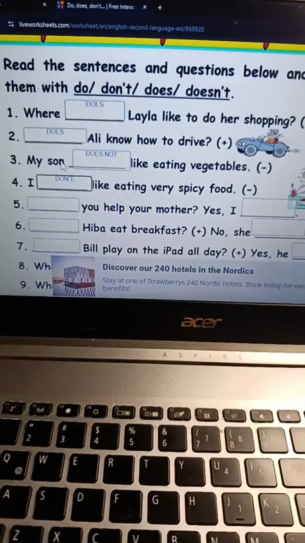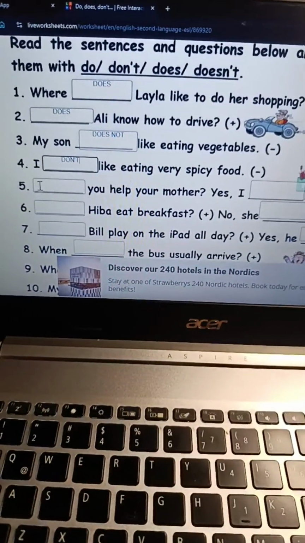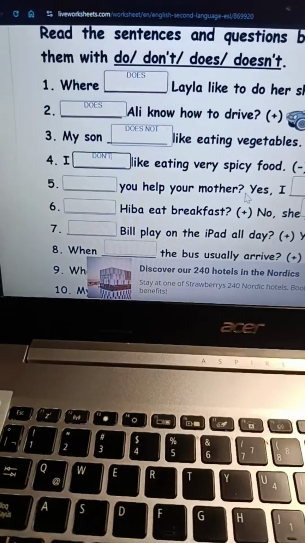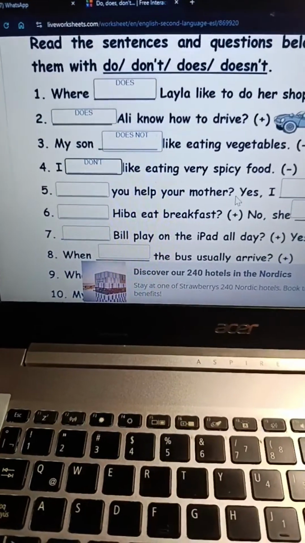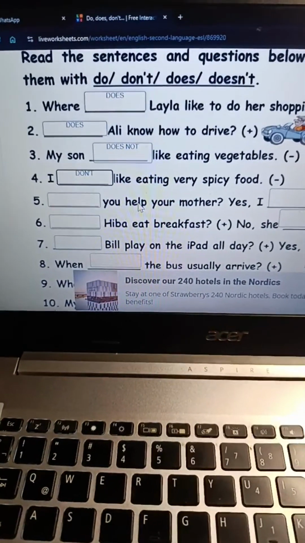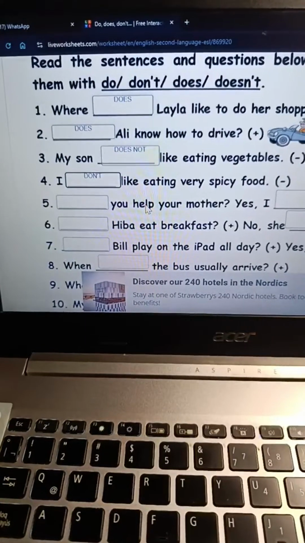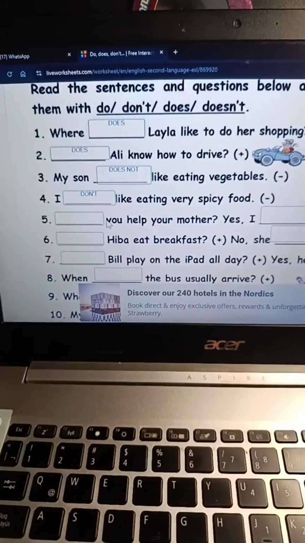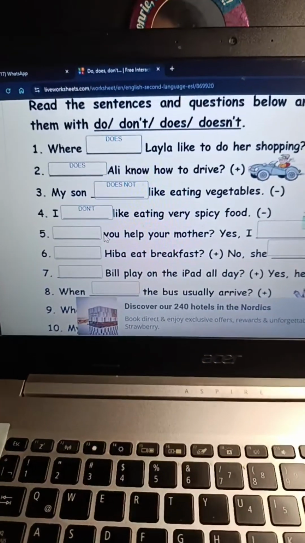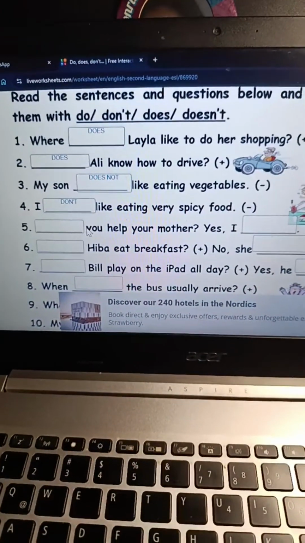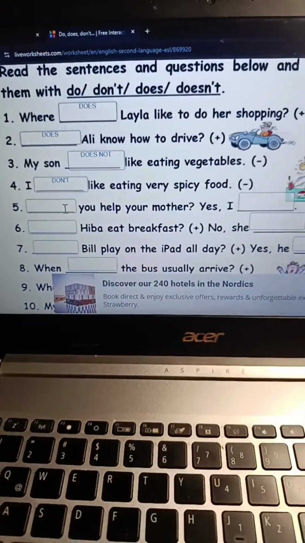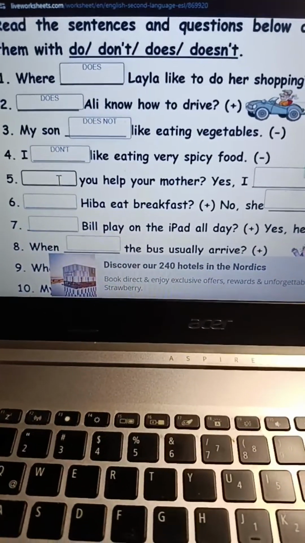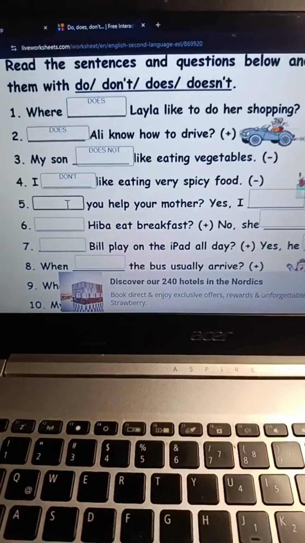All right, let's continue with number 5. So number 5 is a question. And we need to identify what is the subject. According to the person, the subject, the person that executes the action, we know what is the auxiliary, if it is do or does. For example, here is you.